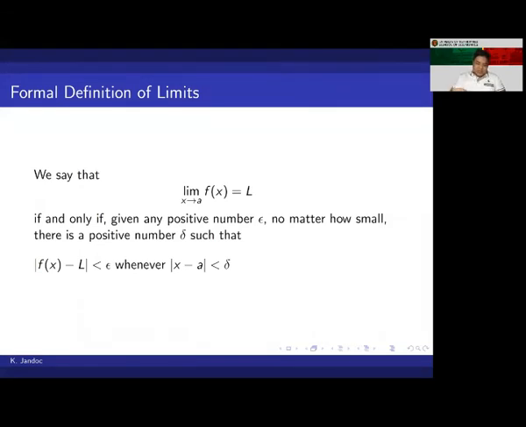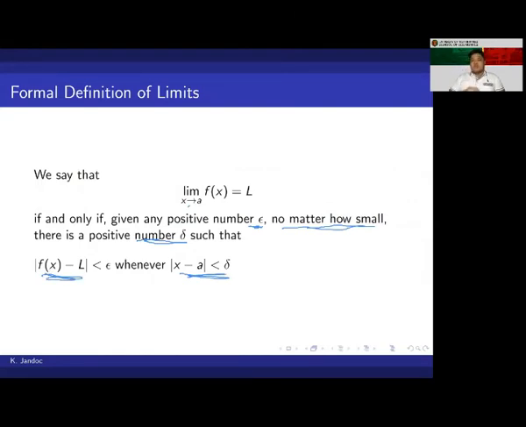We say that L is the limit of f of x as x approaches a if and only if, when you choose a positive number epsilon, an arbitrary number, so it doesn't matter how small epsilon is, you can always choose a positive number delta such that when the distance between x and a is less than delta, you can make the distance between f of x and L smaller than epsilon.